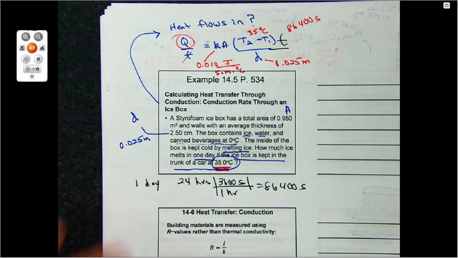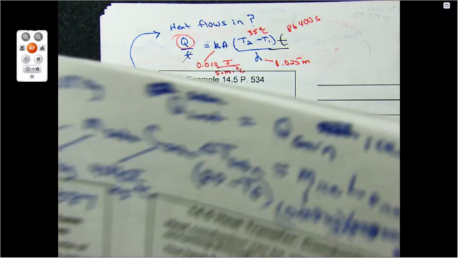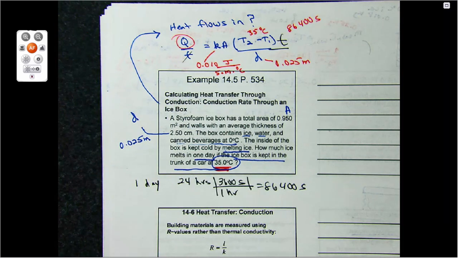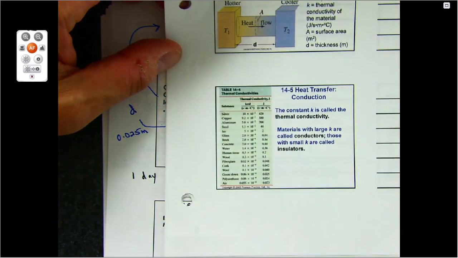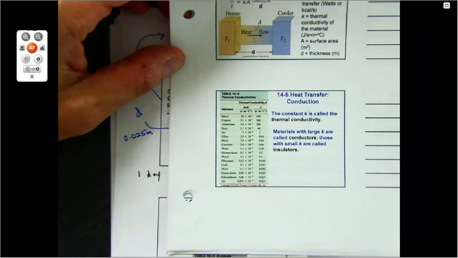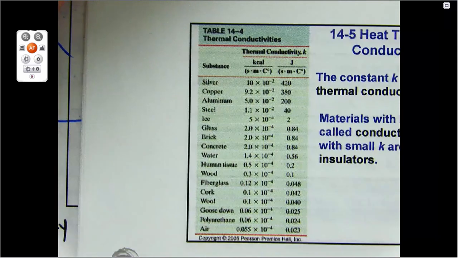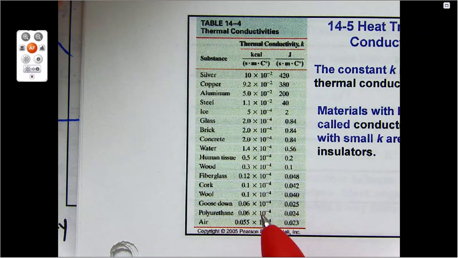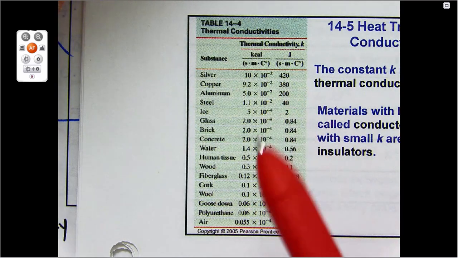It's not on our chart. So I was looking on our chart here. Yeah, this is just our constant for styrofoam. But you would think they'd have the dang thing on here. Human tissue.